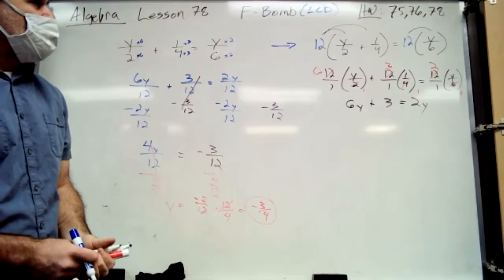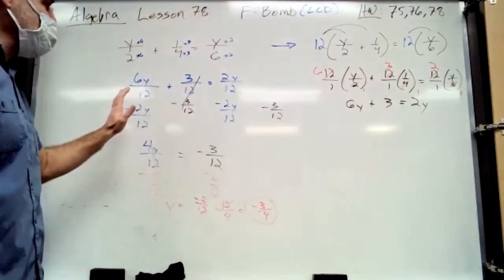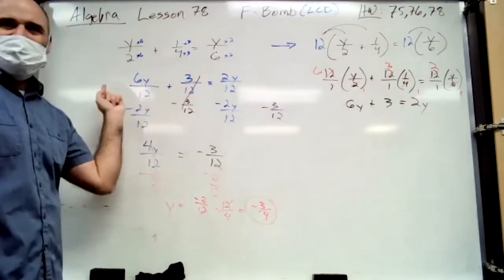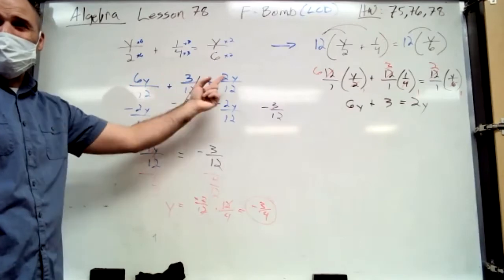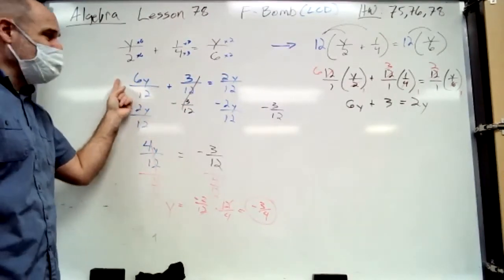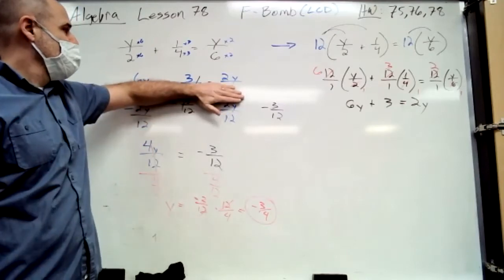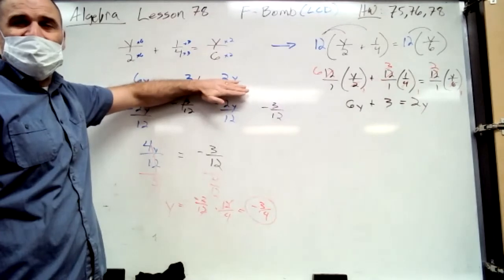So if you need to multiply it out like that, you can. Now let's go back over here for a second. At this stage, we rewrote all the fractions with our least common denominator, right? If I would have multiplied everything by 12 here, look what happens: 6y plus 3 equals 2y. So you could do it this way too.